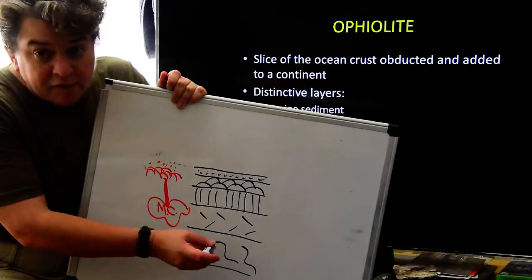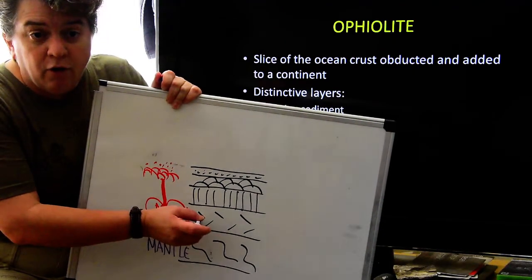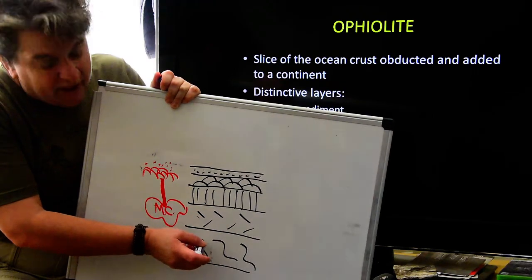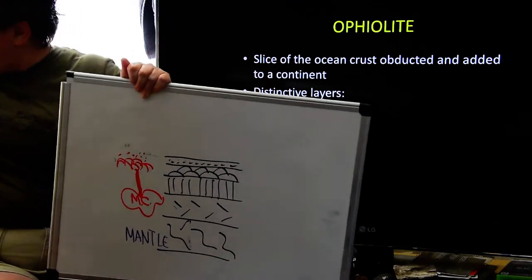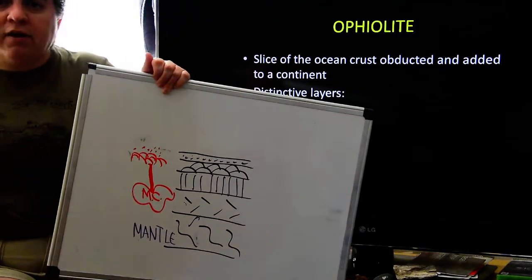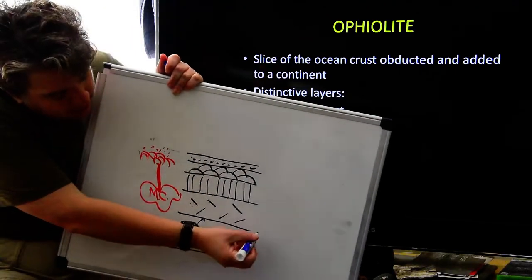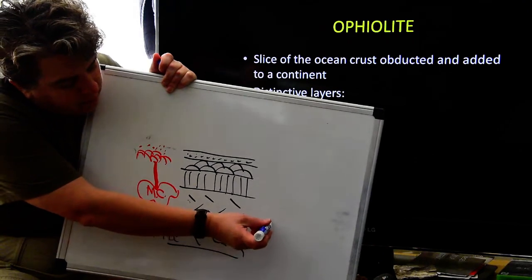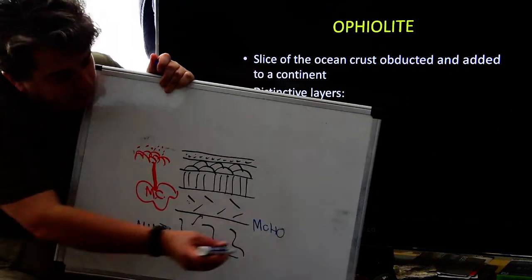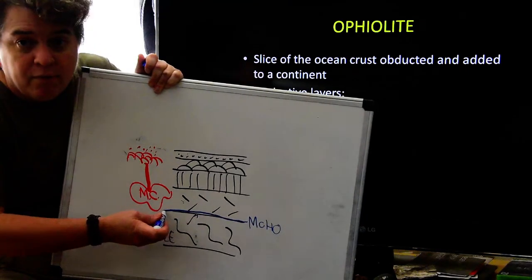So when you see this area where we have the gabbro here, which is ocean crust, and you have the mantle material here, this is normally a time when I would be asking you, what is the name of the boundary between the crust and the mantle? And I know all of my students are going to remember the moho. So right here, this is the moho.